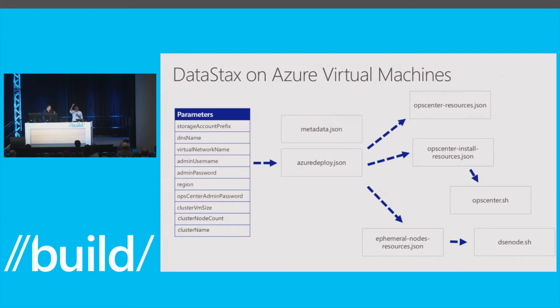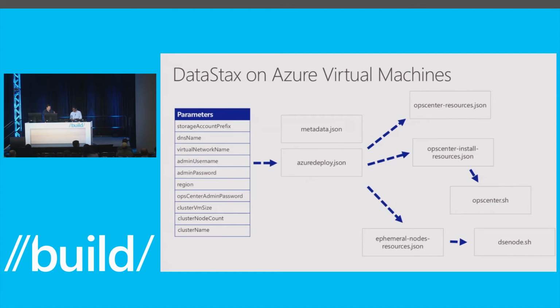You have the Ops Center VM with which you log in and monitor the entire DataStax cluster. That could be a separate JSON file. We've also broken down the installation of the configuration of the Ops Center VM as a separate JSON file. So the extension, the script running inside the VM to configure Ops Center, is a separate JSON file. So you can break all of these different files and the scripts themselves apart to go ahead and run.